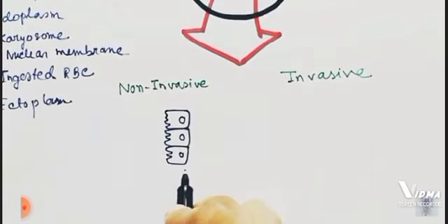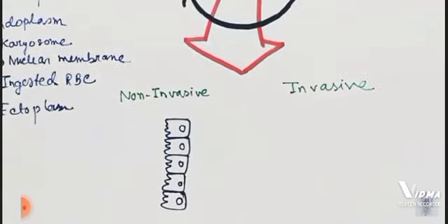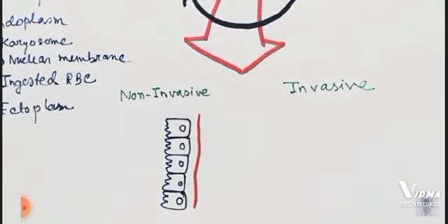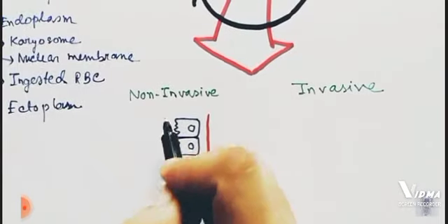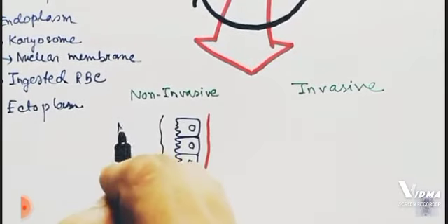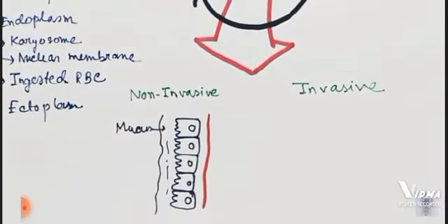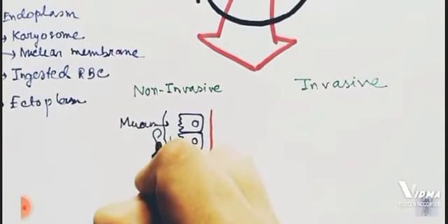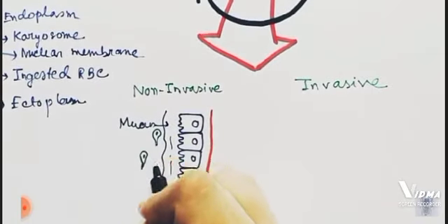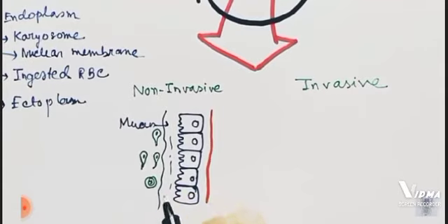These are the epithelial cells of the colon. Behind this, the bloodstream is present. Over the lining, there is a mucus line, that is a layer of mucus. In case of non-invasive, the trophozoites glide over the mucus and form the cyst also.